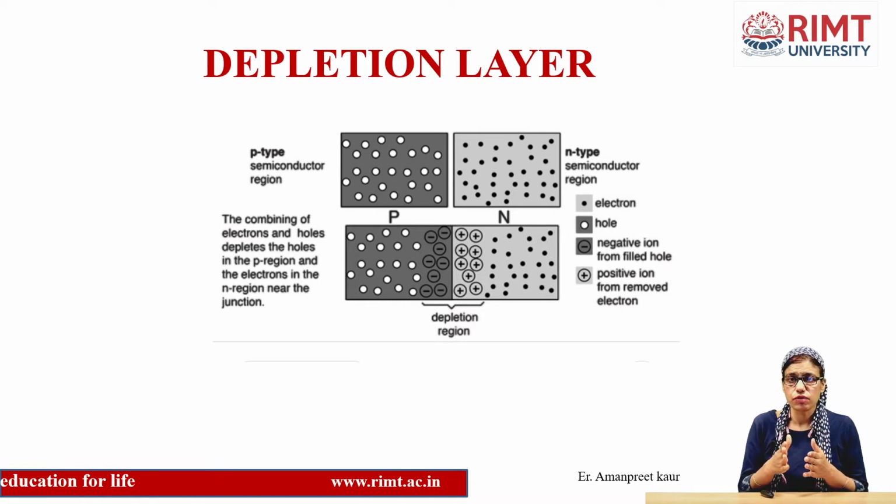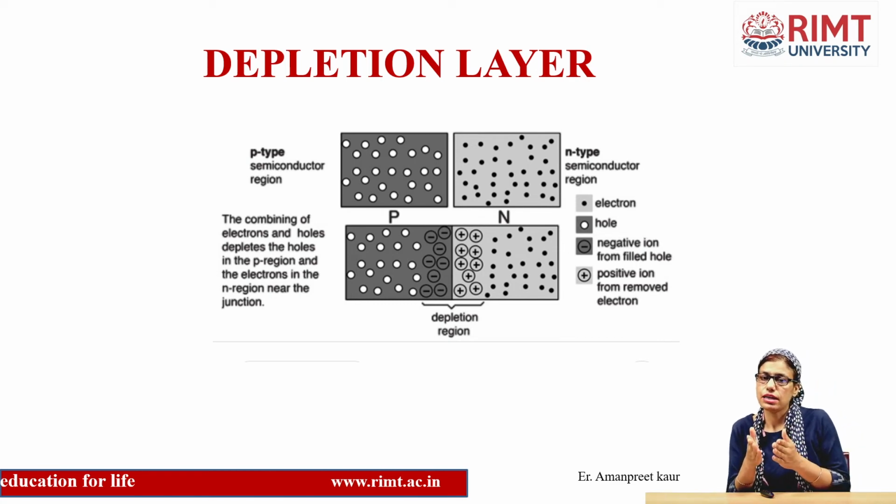When they recombine with electrons, we can say the hole diffuses, and electrons after entering the p side immediately recombine with holes, so we can say electrons diffuse and neutralize, and leave positive ions on the n region which are unneutralized, and negative ions are left on the p region after recombination and diffusion. So, you can see negative ions in the p region and positive ions in the n region.